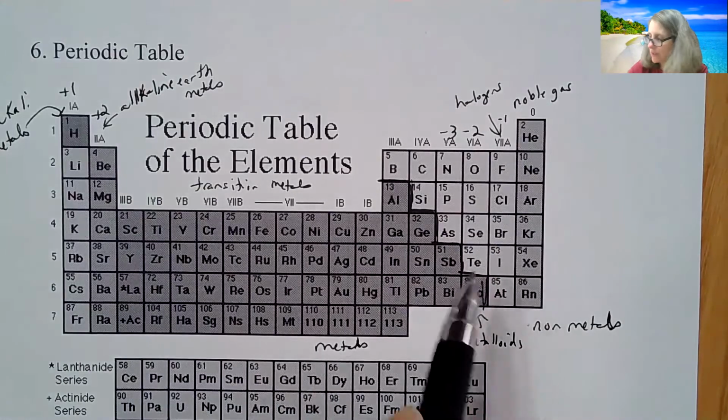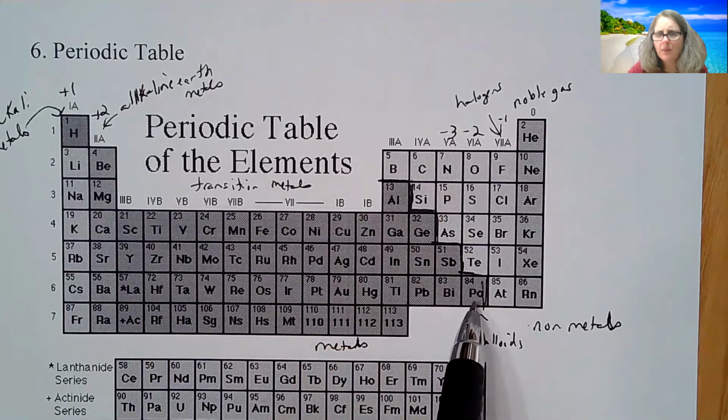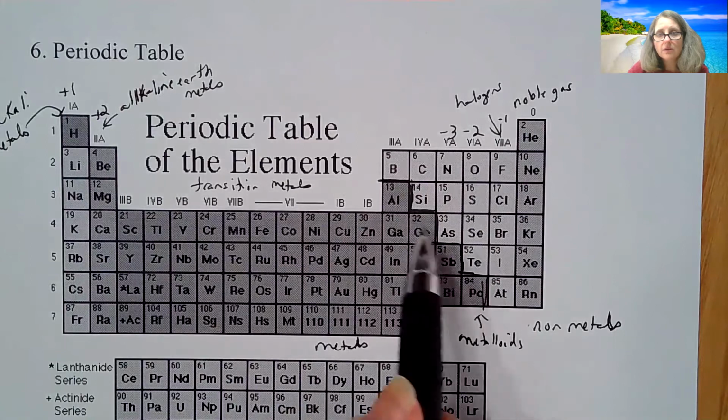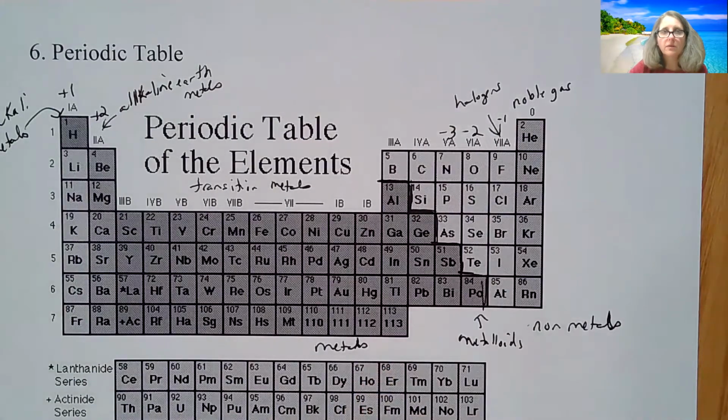The only weird exception touching the staircase is, of course, aluminum and then palladium. I think that's palladium. Is that palladium? Palladium are considered metals. So again, anything along that staircase like silicon is considered a metalloid. But again, that's not going to be a huge focus for us.